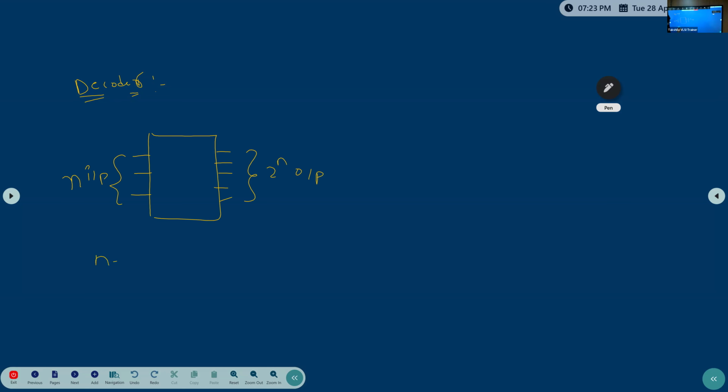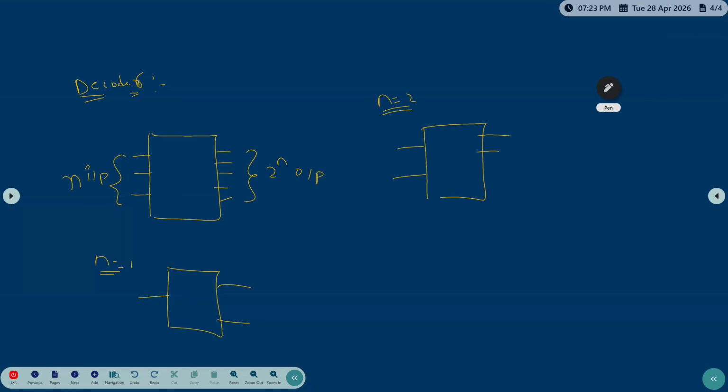If n equal to 1, input will be 1, output will be 2. If n equal to 2, input will be 2, output will be 4. If n equal to 3, input will be 3, output will be 8. 8 outputs will be there.